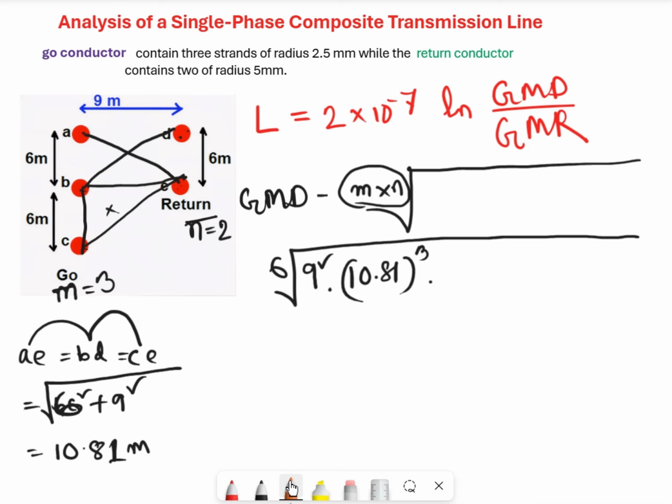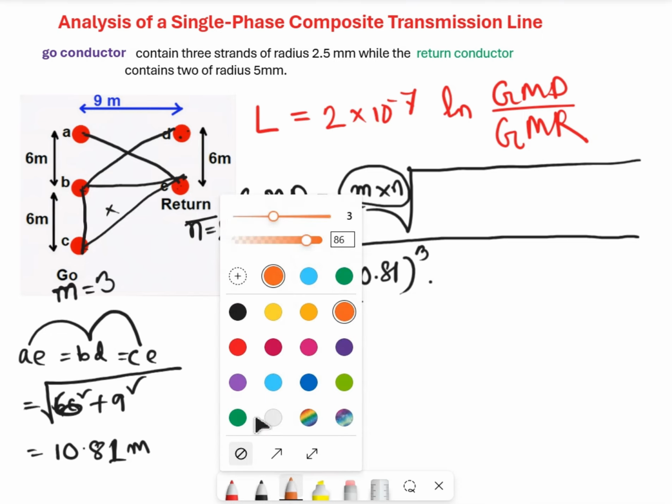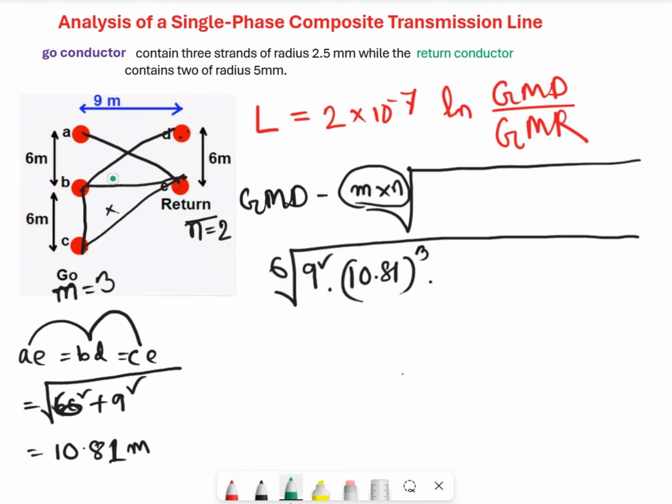At this point, let's use a different color pen. Which distance do we require? From C to D, this distance is required. And of course this is the hypotenuse of the right angle triangle AC and AD. What we need is the CD distance.